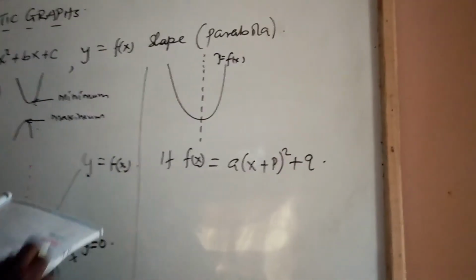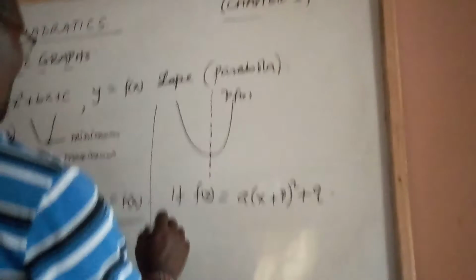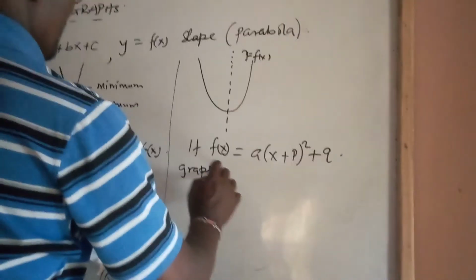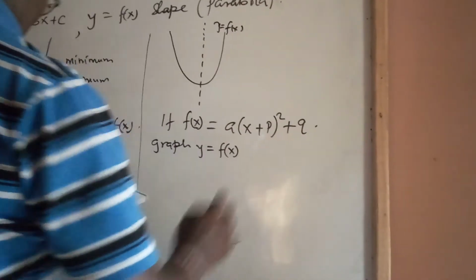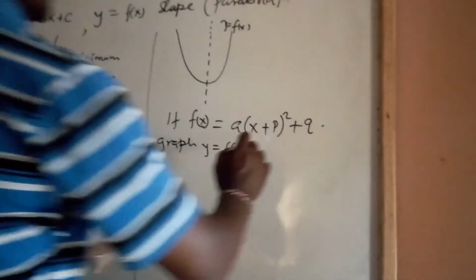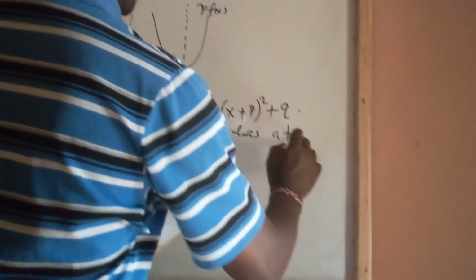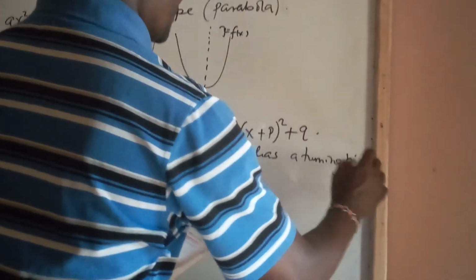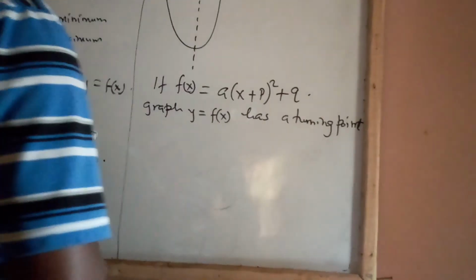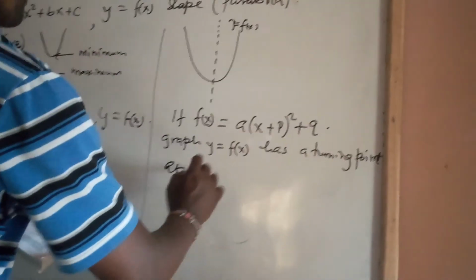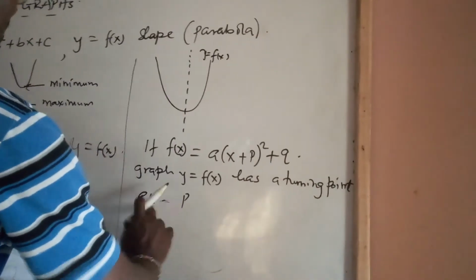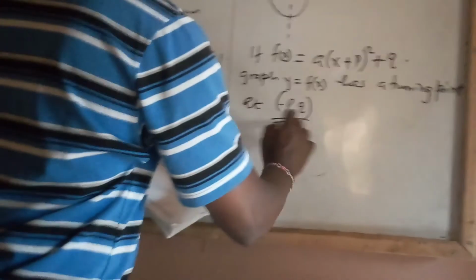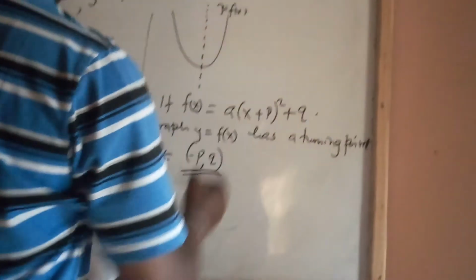The graph of y equals f(x) has a turning point, either a maximum or a minimum. Either way, it is a turning point at the point with coordinates (minus p, q). That is after the square has been completed.